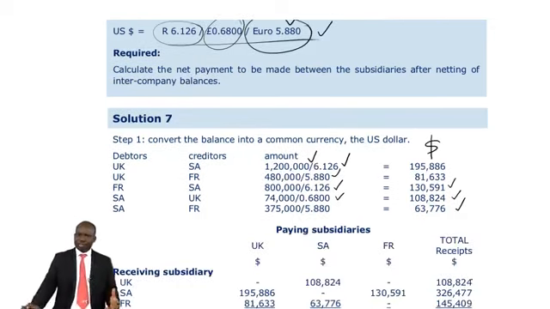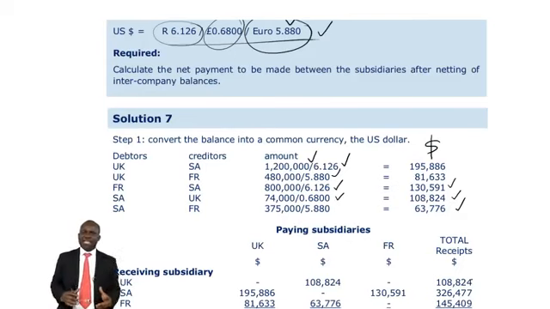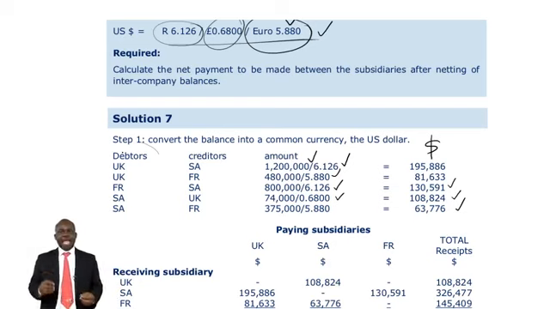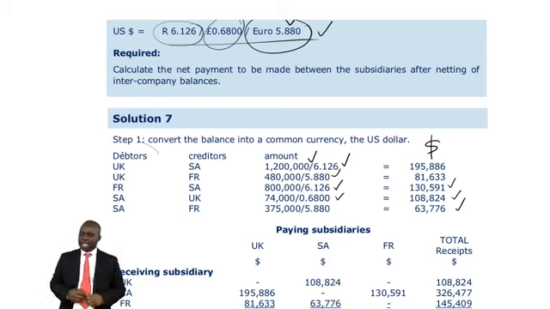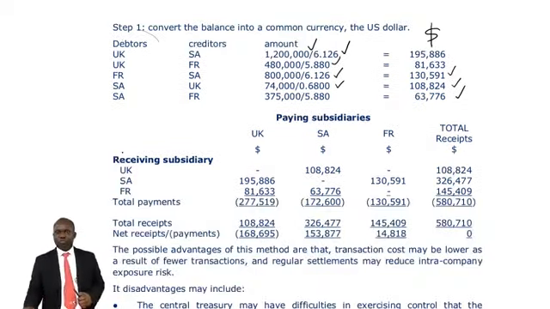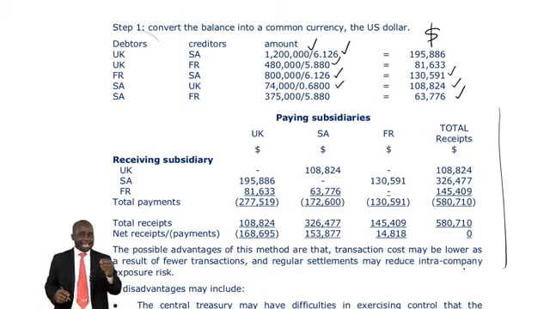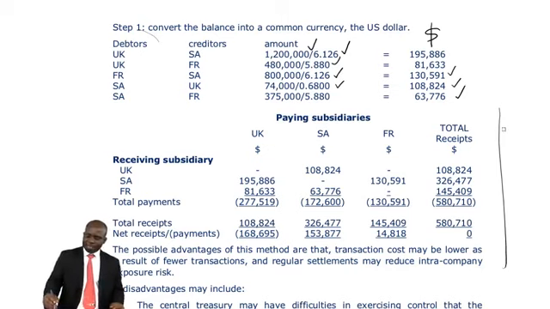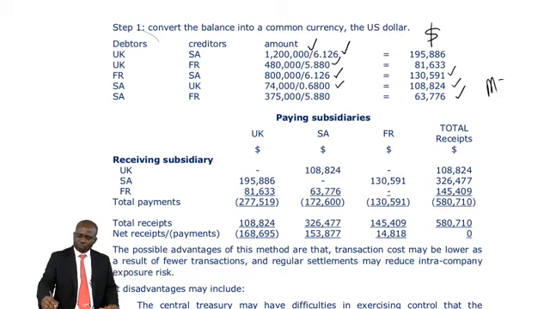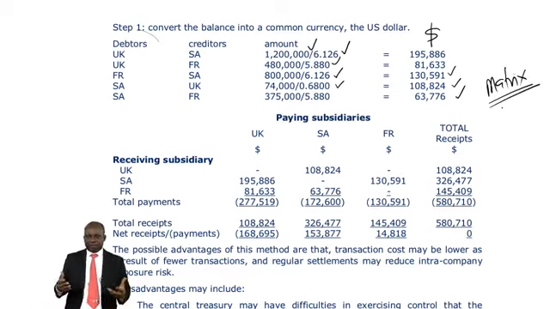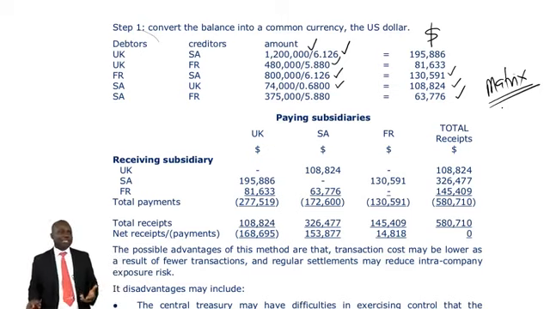So the next step is setting the receipt against payment: which one is paying and which one is receiving. ACCA normally wants us to present it in a tabular form, as we have done here. Sometimes instead of saying tabular form, the examiner is going to say you have to prepare it in a matrix form, and do the netting on the basis of the matrix.